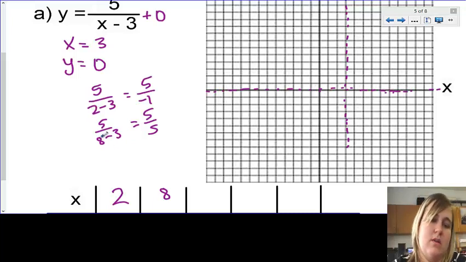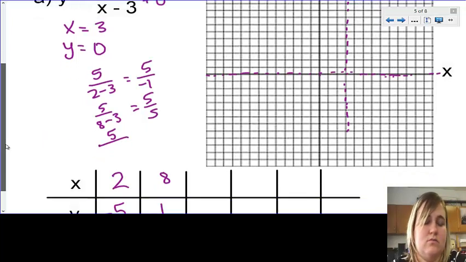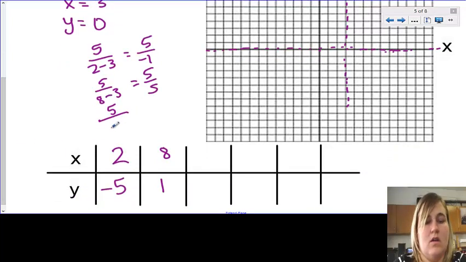Let's go negative 2, we go 5 over negative 2 minus 3. So that would be 5 over negative 5. So I said for x I was going to put in negative 2, which got us a negative 1.